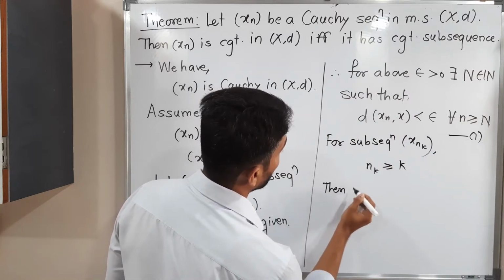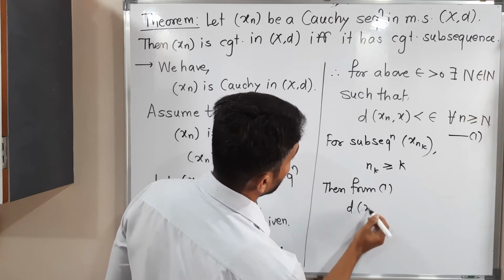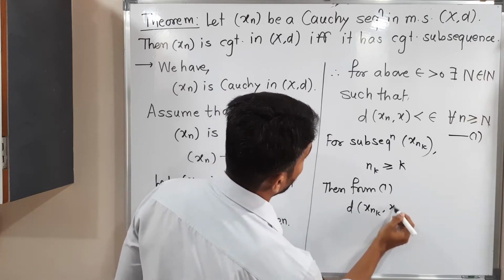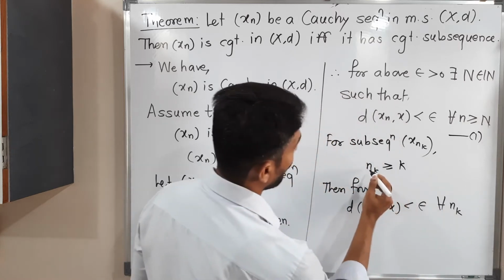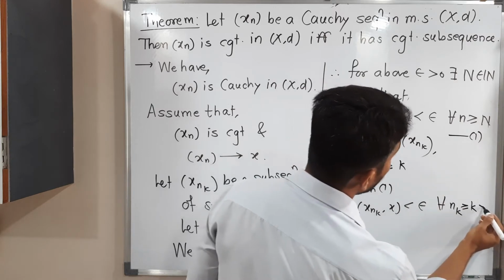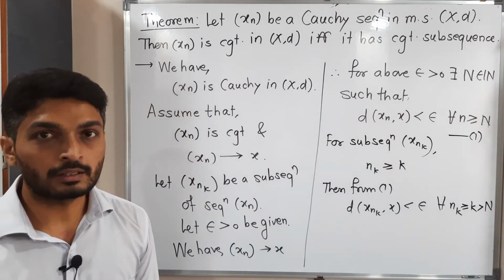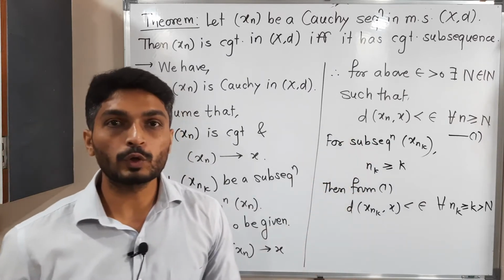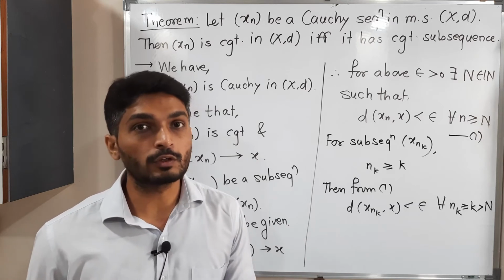Then from 1, d of xnk, x is less than epsilon for all nk greater than or equal to k. And if I consider k greater than capital N, then we get this. So simply using the definition of convergent sequence, we proved that the subsequence is also convergent and converges to the same point.